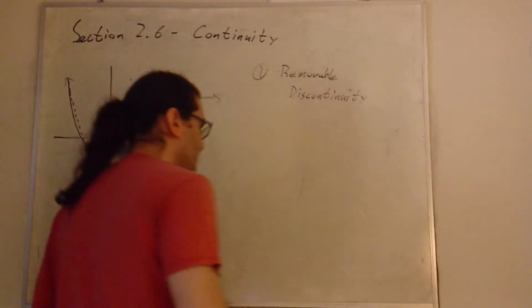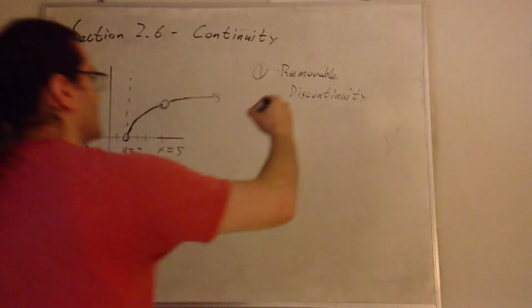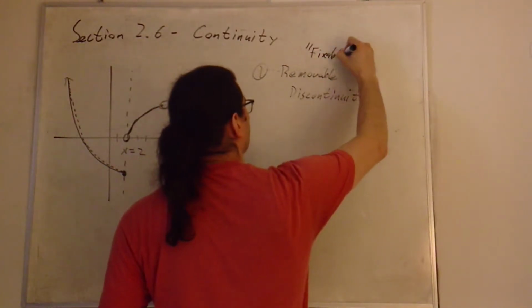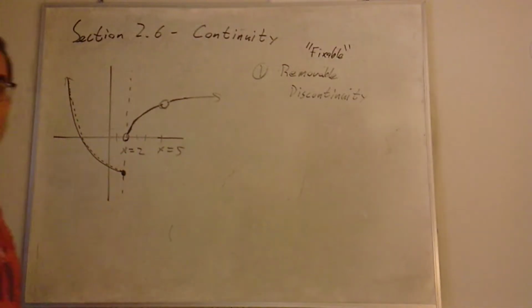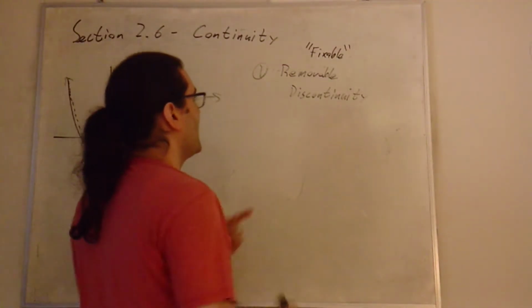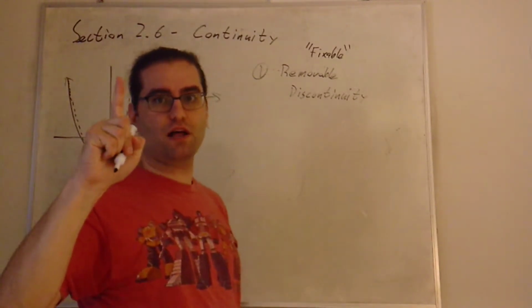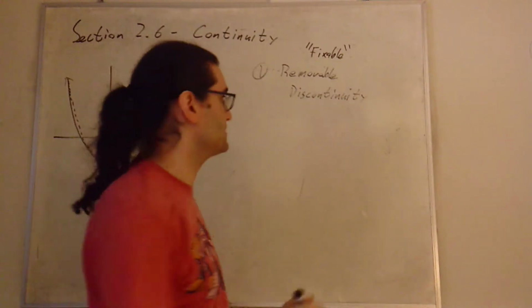A removable discontinuity. And in this context, removable basically means fixable. So essentially, a removable discontinuity means if you change one point on the function, can you make it be continuous?